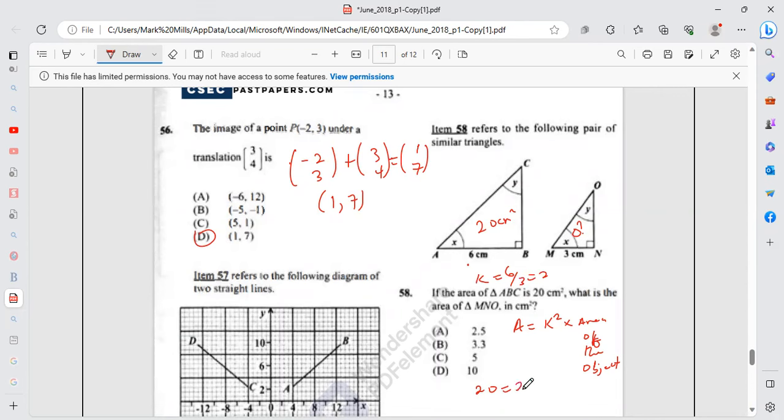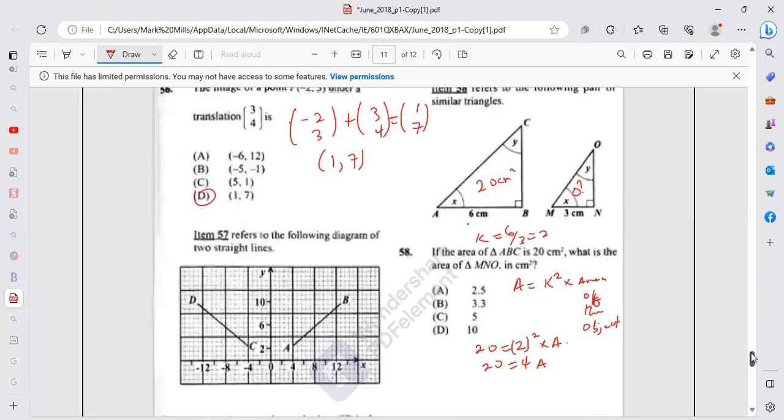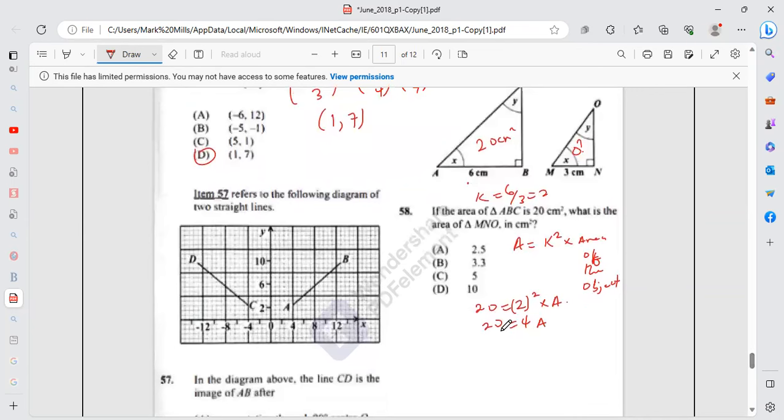So we are going to say 2 squared times the area of the object, which we are looking for. So this gives me 20 is equal to 4 times a. I want to find the value of a. So 20 divided by 4 is equal to a.